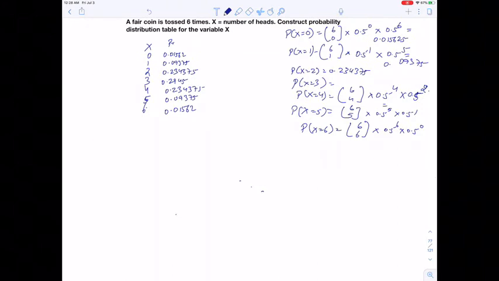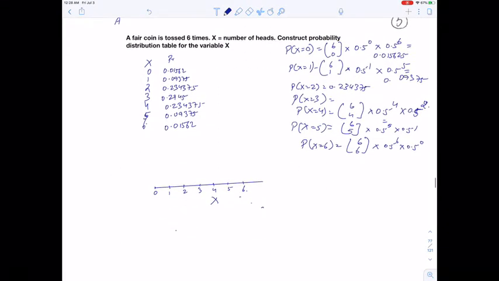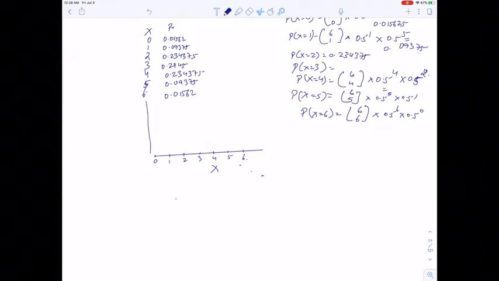So now you have constructed a probability distribution table. Now if you construct the distribution itself, this is the variable X. X can be 0, 1, 2, 3, 4, 5, 6. These are the possible values of X. On this axis, we have the probability, or relative frequency as we called it in different distributions. The highest I need is 0.29 and the lowest I need is 0.015.